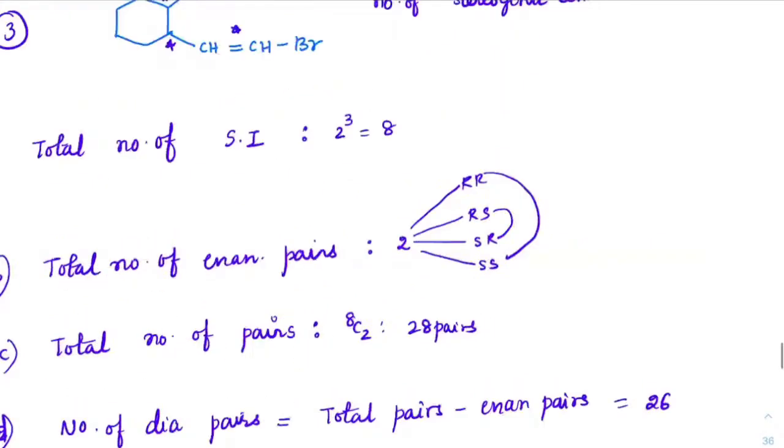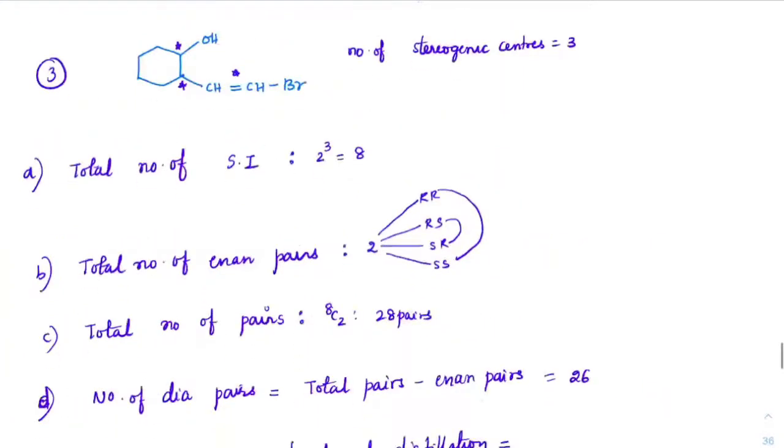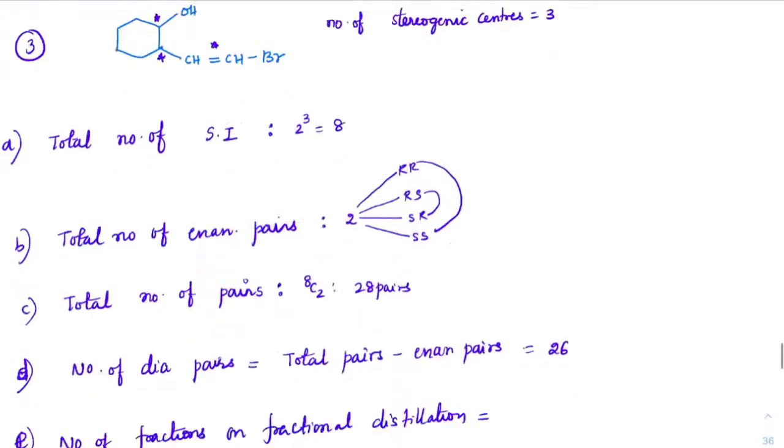Next, number of fractions. Now this is an interesting case. Tell me. 2, sir. Only two fractions? Yes, sir. RR, SS, RS, SR. Chalo. Here, while writing those 8 compounds, I have to showcase cis and trans also, no?